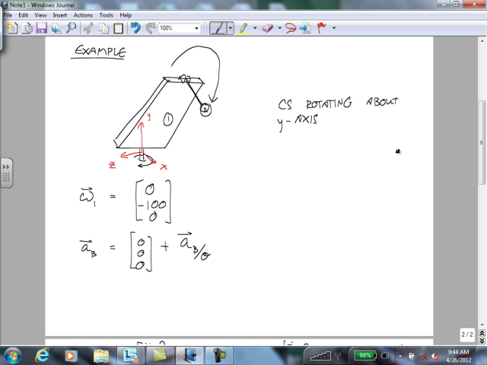Okay, so this is where you have to make that jump from talking about a position vector to talking about a rigid body rotation about a point, and that R vector is from the center of that rigid body rotation to the point.